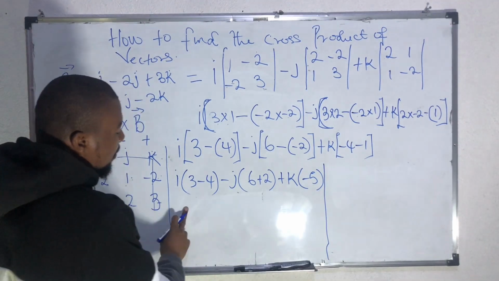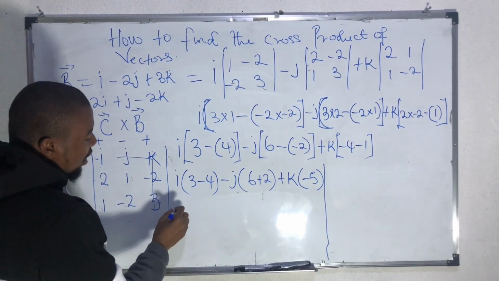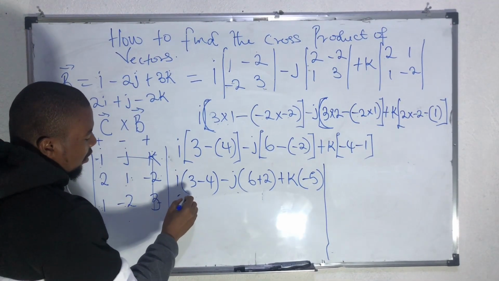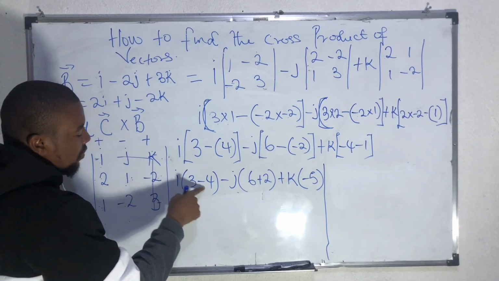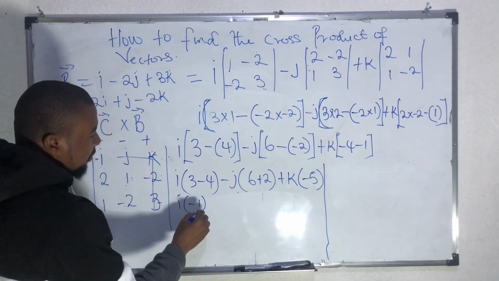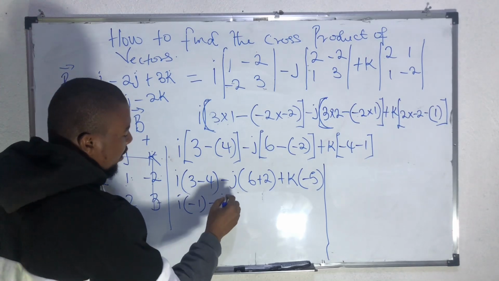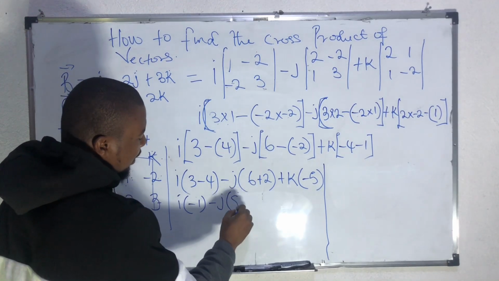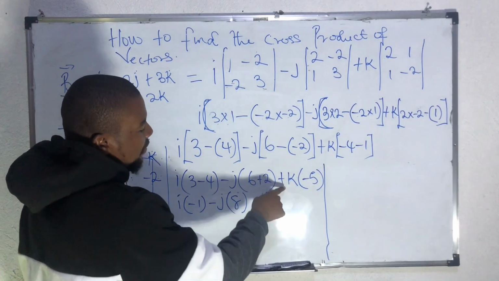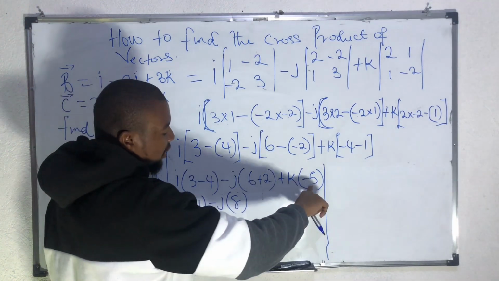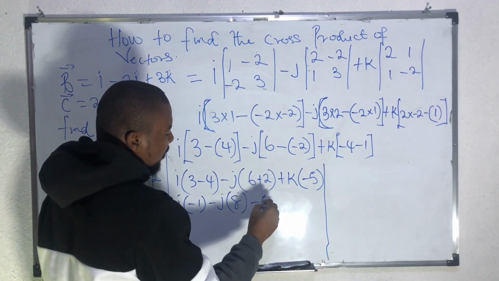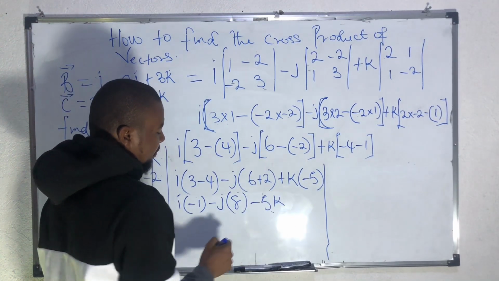Let's now simplify further. Here we have an I. We open our bracket. 3 minus 4 will give us a negative 1, right? Minus j. What's in the bracket? 6 plus 2 will give us an 8. And for this k multiplied by negative 5 is going to give us negative 5k.